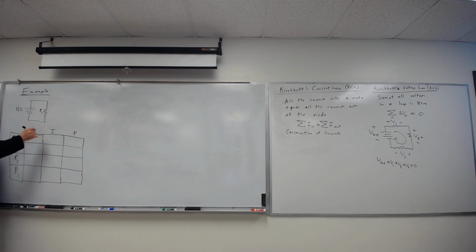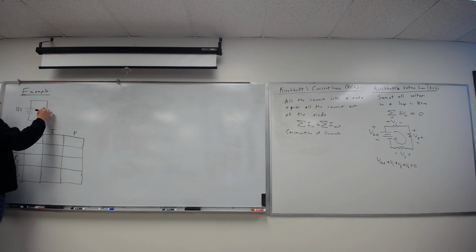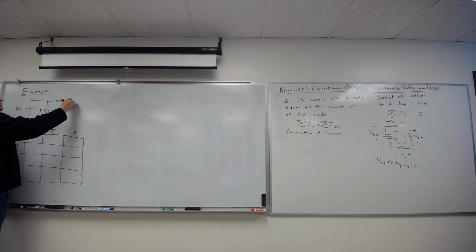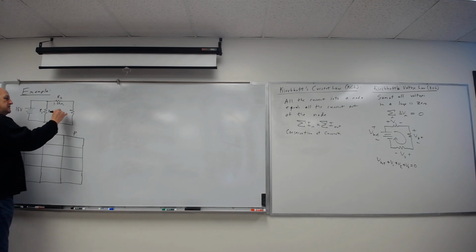Voltage R1. We'll make that a 5.6 kilo ohm. And I don't want that big one. I'm gonna change it. Sorry, you're right. 2.2 kilo. R2 is 1.2 kilo ohms.